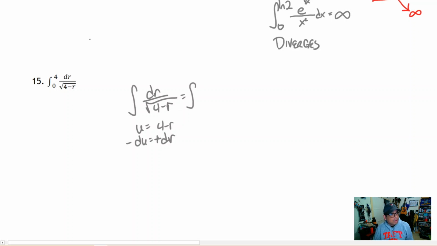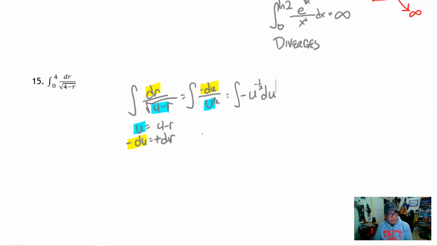So this integral becomes, well, the dr becomes negative du, and this 4 minus r becomes u. Now we're going to turn this into a negative exponent so it's easier to take an integral.